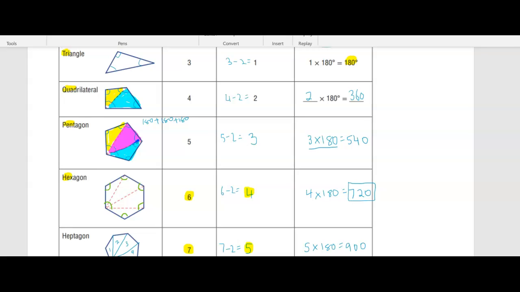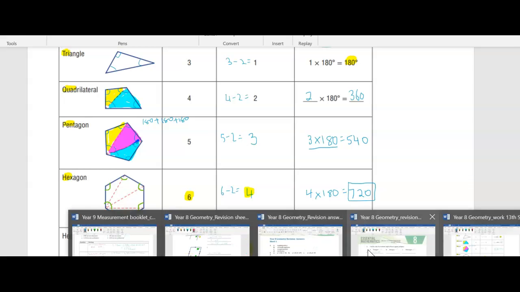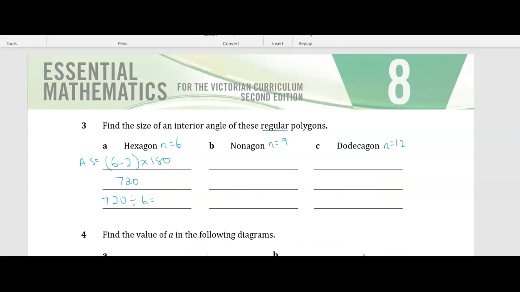Okay, so because it's a regular one, they all have to be the same. So 720 divided by 6. So now I should know it's 12. Not 12, isn't it 120? Did I miss a number on my calculator? Yeah, 120.